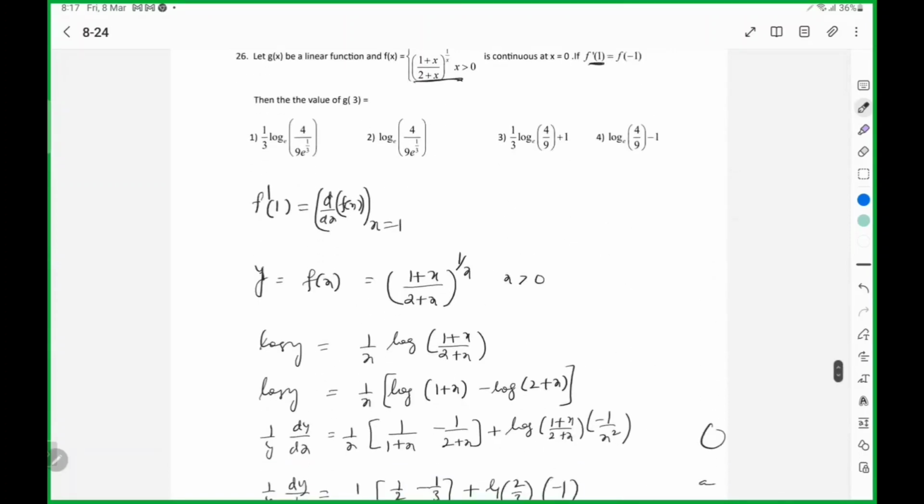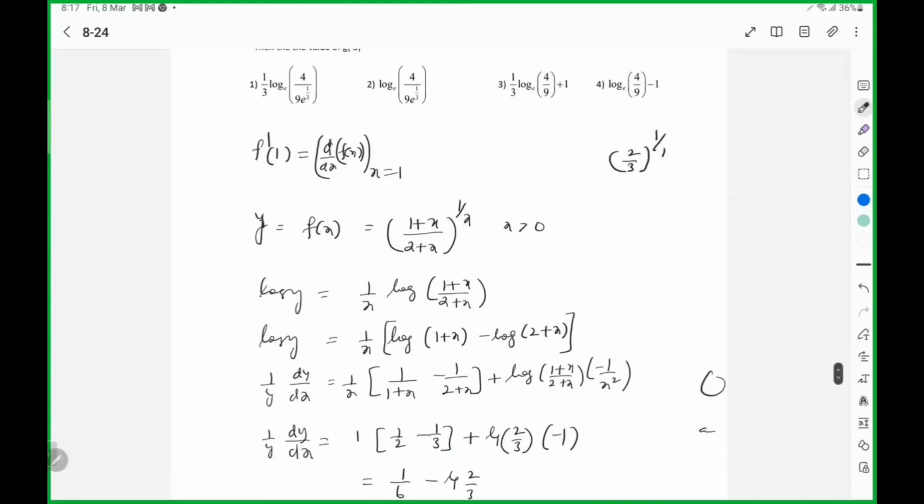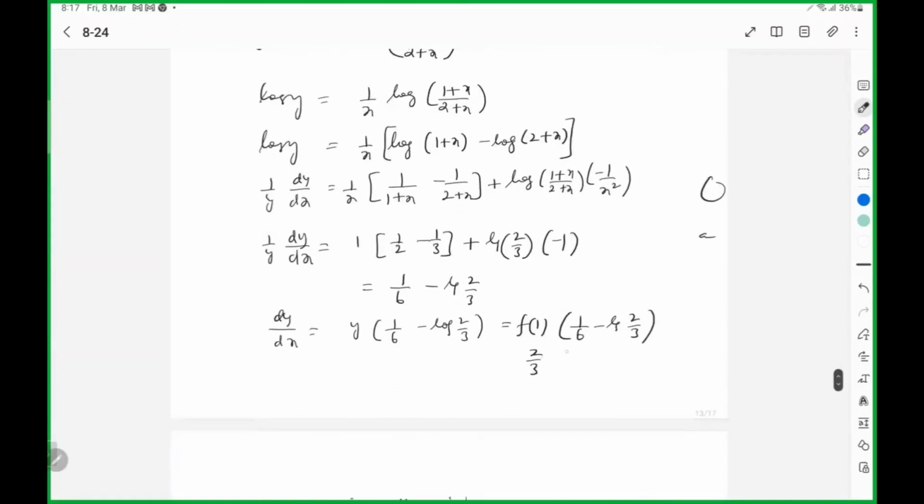F of 1 means here it is 2 by 3 power 1, 2 by 3 into log 1 by 9 minus 2 by 3 log 2 by 3.